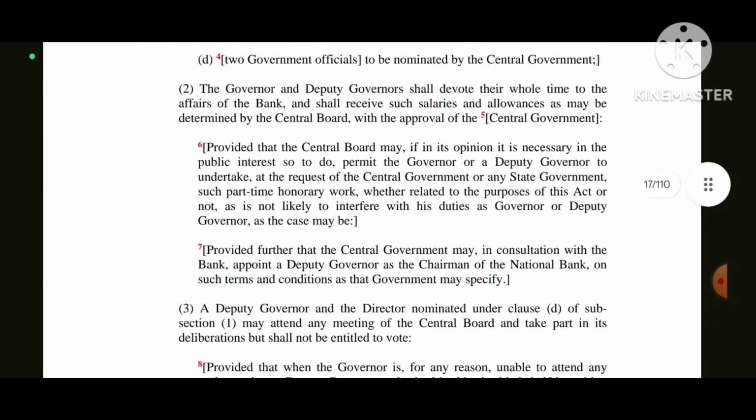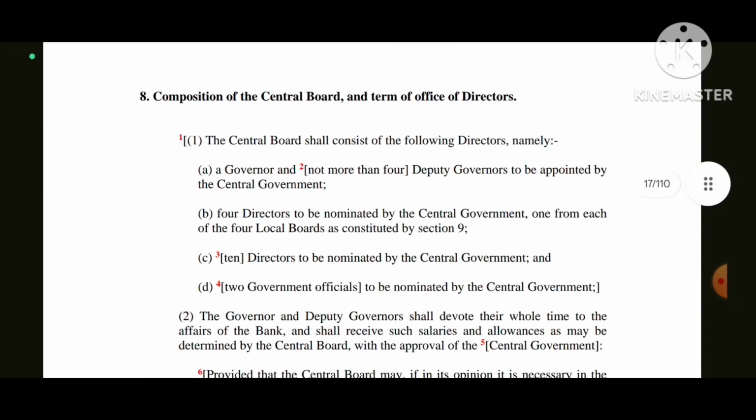So we have seen that the governor and deputy governor can hold office for 5 years and they can be reappointed. Then the next are the 4 directors to be nominated by the central government. They can be nominated, no such tenure of them, their tenure has not been mentioned yet.